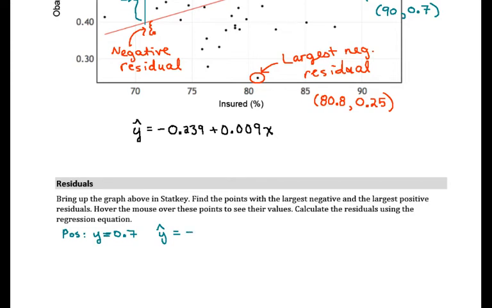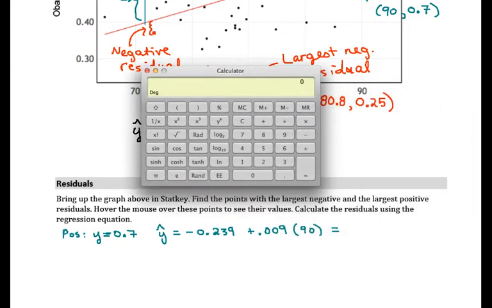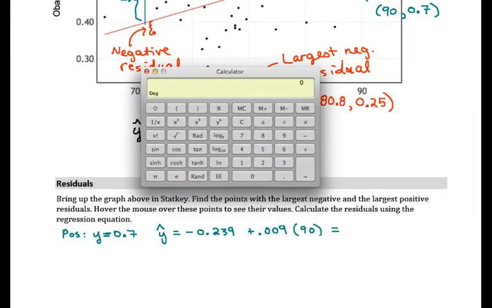So y hat is negative 0.239 plus 0.009 times that x value of 90. Bringing in a calculator, that's negative 0.239 plus 0.009 times 90, and that is 0.571.